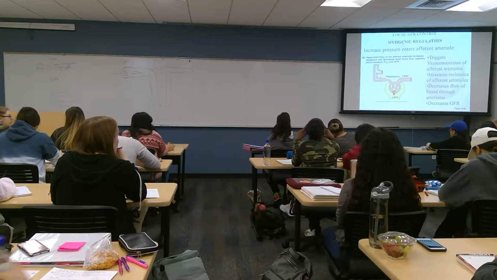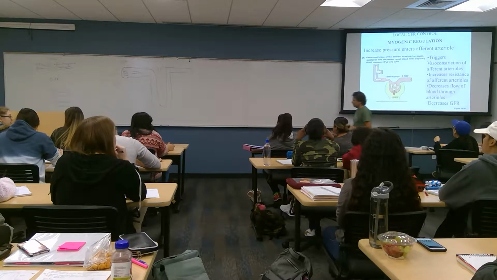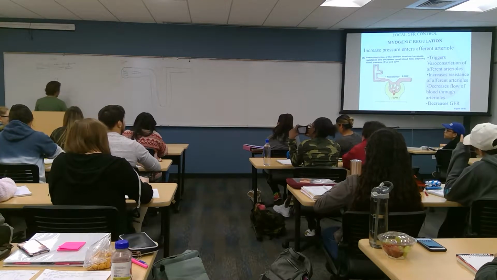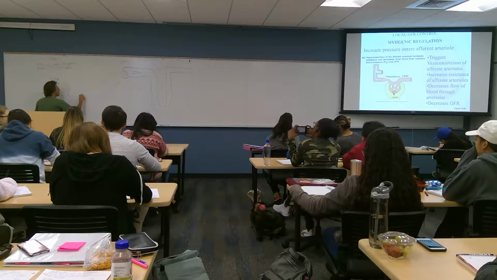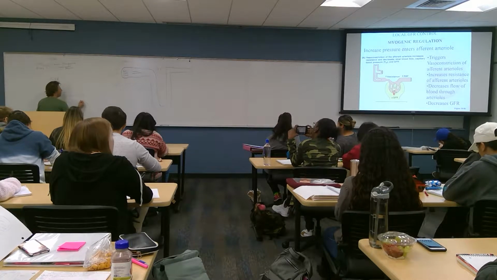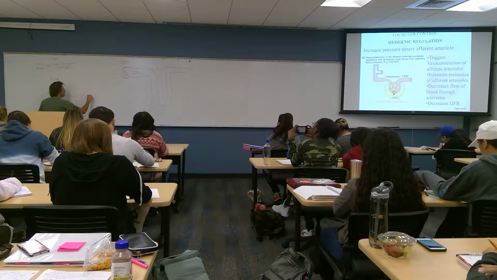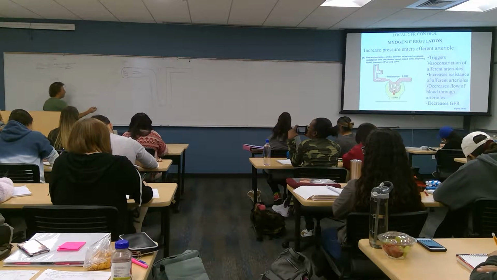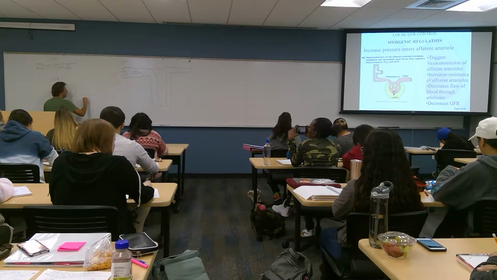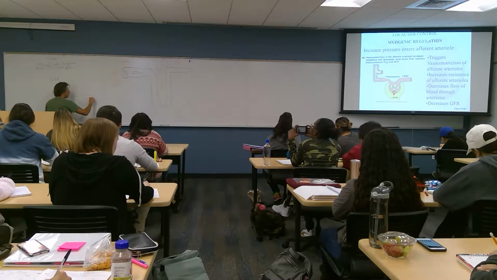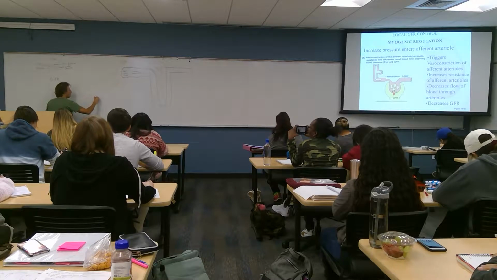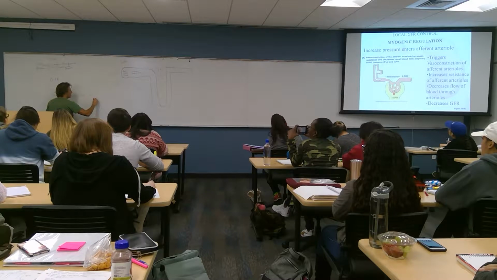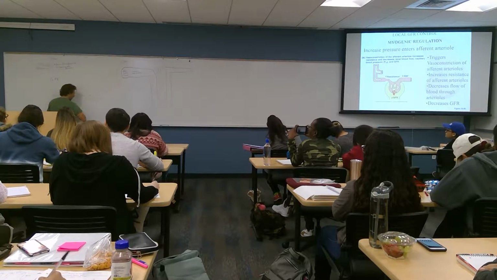So first one, myogenic regulation. This is the exact same as autoregulation because it's simply the smooth muscle cells working. As blood pressure increases into the afferent arteriole, it's going to cause vasoconstriction, again, to control GFR, the filtration rate.